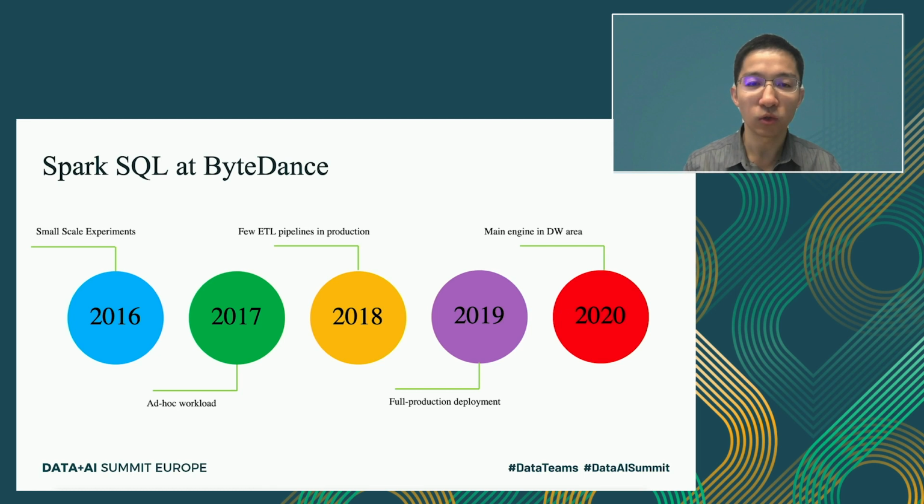And then in 2018, we used Spark SQL in a few ETL pipelines in production. Later, in 2019, Spark SQL supported both ad hoc queries and ETL pipelines. Now, in 2020, Spark SQL is the main big data engine in the data warehouse area in Bytedance.